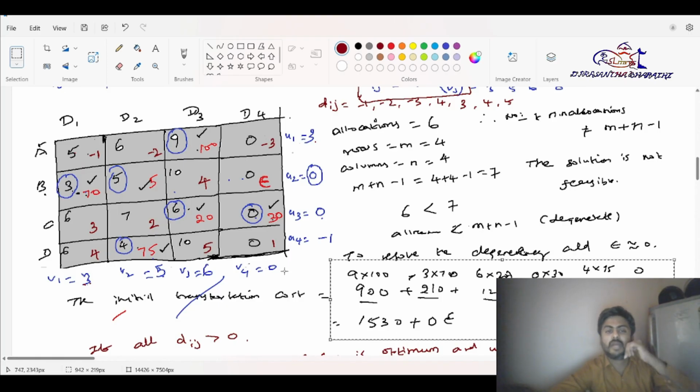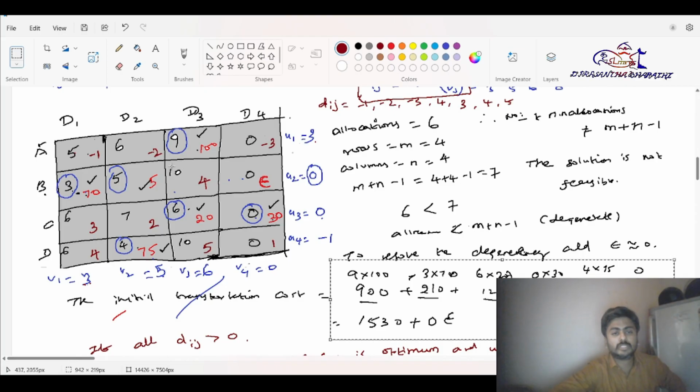So when can we find the cost? We can find the initial transportation cost, if the question simply asks for the initial transportation cost, without all the checking. When m plus n minus 1 equals the number of non-negative allocations, we can simply go for finding the cost in those problems.